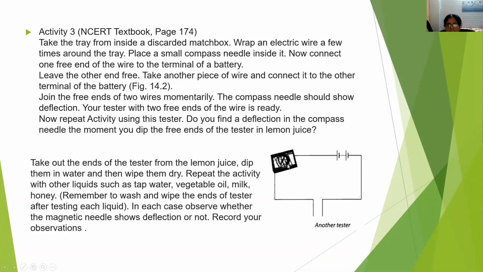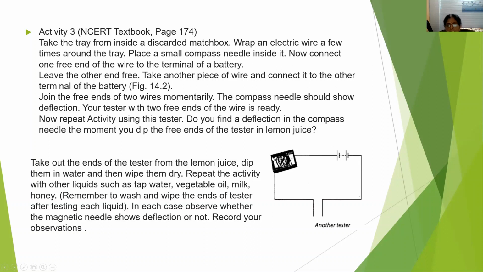Now we have to place a small magnetic compass needle inside the tray. Now connect one free end of the wire to the terminal of a battery and leave the other end free, and take another piece of wire and connect it to the other terminal of the battery. Now join the two free ends of the wires momentarily.